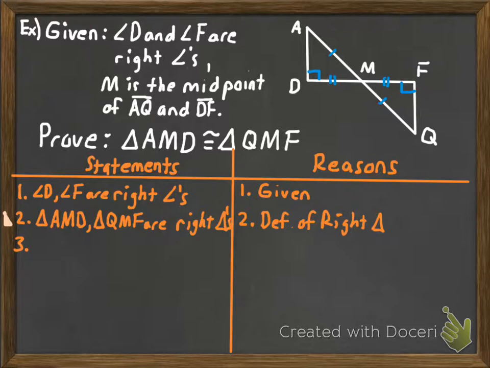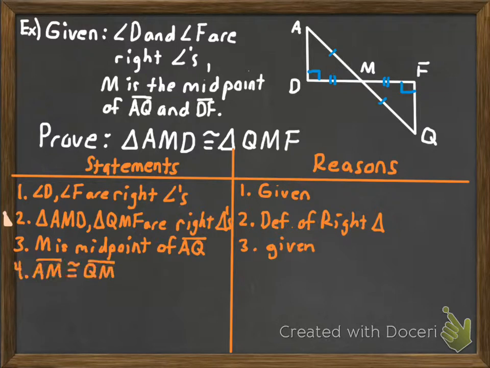Next, we want to try to prove that the hypotenuses are congruent, which is based on the fact that M is the midpoint of segment AQ, a fact that is given to you, which then leads you to conclude that segment AM is congruent to segment QM by definition of midpoint.